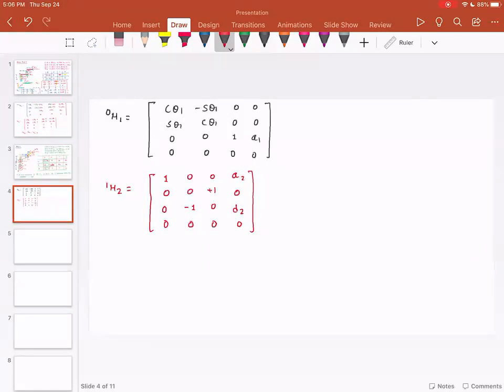And 2H3 becomes very simple: 1, 0, 0, 0, 0, 1, 0, 0, 0, 0, 1, 0, 0, 0, D3, 0.